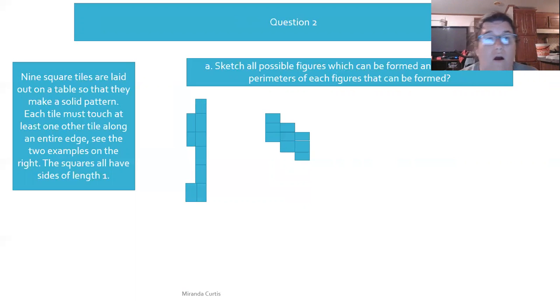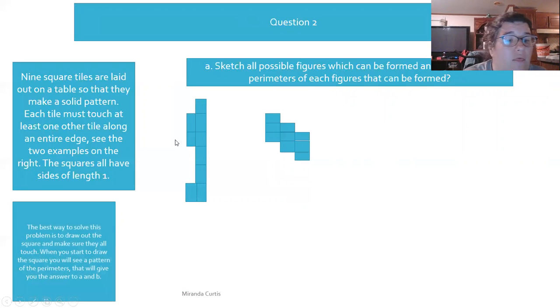So part A says sketch all possible figures which can be formed and calculate the perimeter of each figure that can be formed. The best way I found to solve this is to draw the squares on your piece of paper, because if you make these squares right here, it will help you to visualize if you need hands-on.